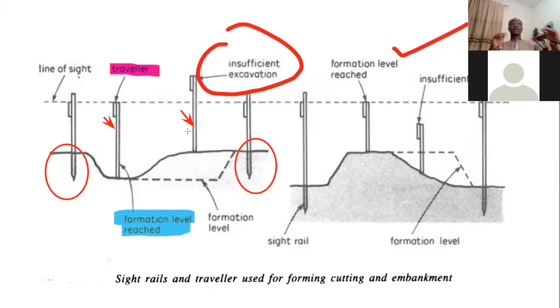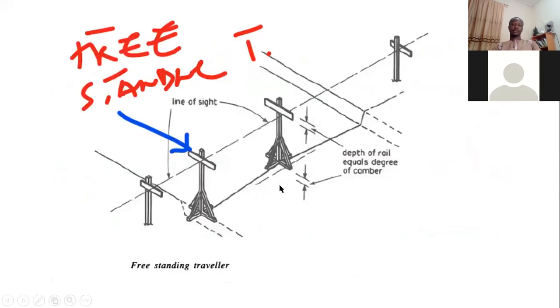Based on whether you are above it or below it, you are too low or too high. Too low, you need to fill. Too high, you need to cut to achieve the desired gradient. Yes. I hope it's clear to you, Ekia. It's a bit clear.